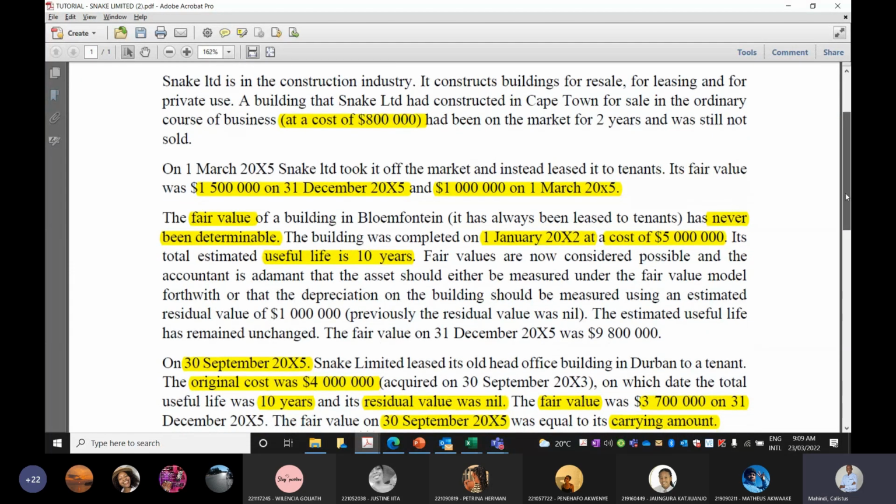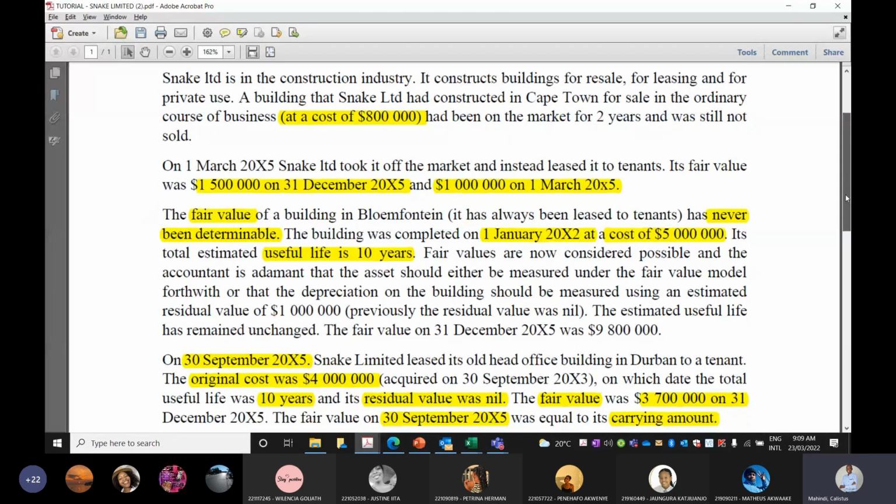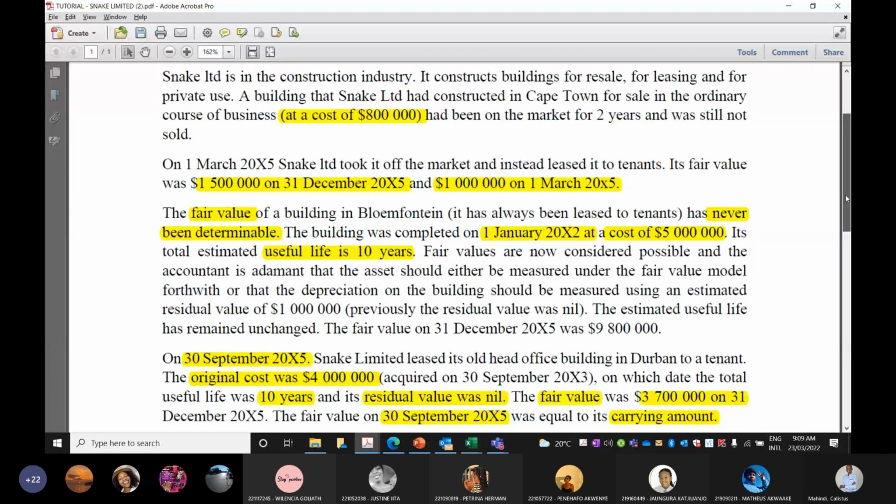It looks like it's the only property that actually had a change of use. We don't have other information so far. When I'm talking about the change of use, it's the only property that changed from inventories to investment properties. Okay.